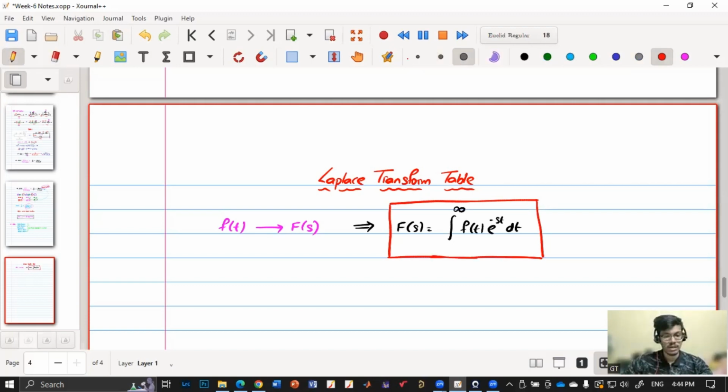What is the integration limit? 0 to infinity or minus infinity to infinity? Hello, anyone? Sir, minus infinity to infinity. No, you're right.